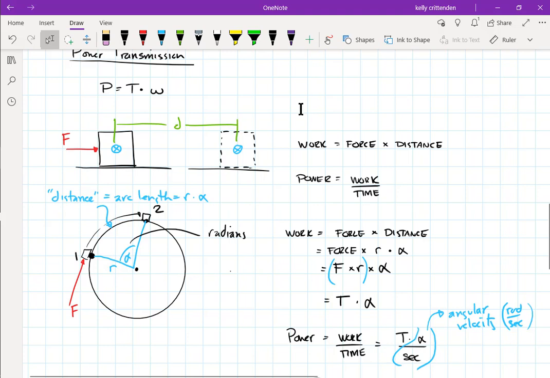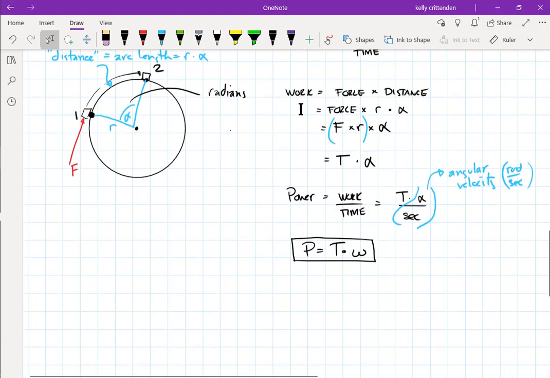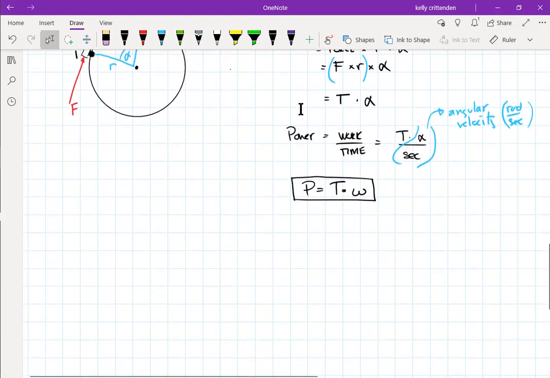Same idea, where work is some amount of force to move an object, and then power is doing that work in a certain amount of time. And so the faster you want to do the work, the more power you have to put into it. All right, so there's our power equals torque times omega equation.